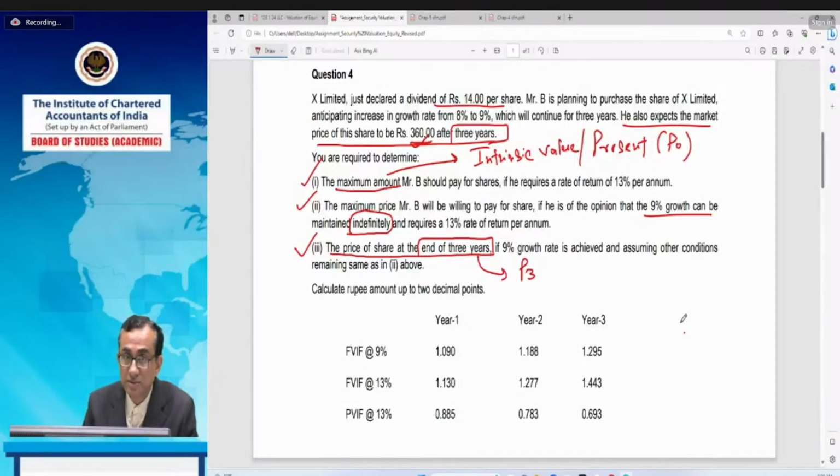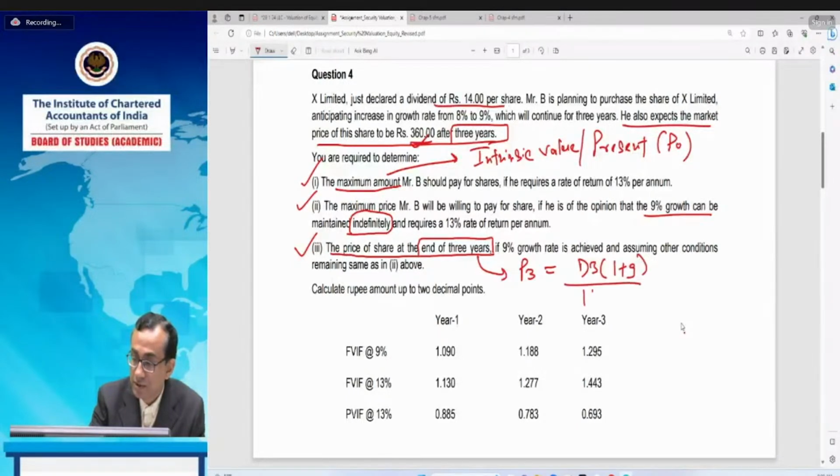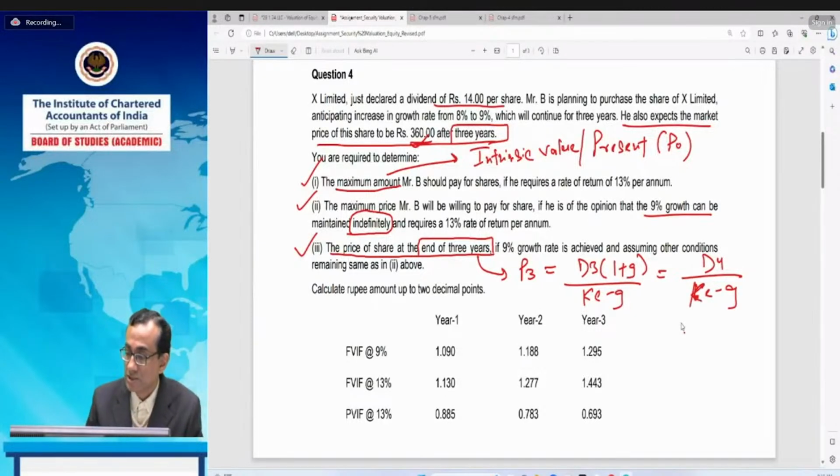Price at the end of 3 years is specifically given in the question. So P3 will be D3 into 1 plus G upon K minus G, or it can also be written as D4 upon K minus G. I hope it is clear to you. So let us solve this question.